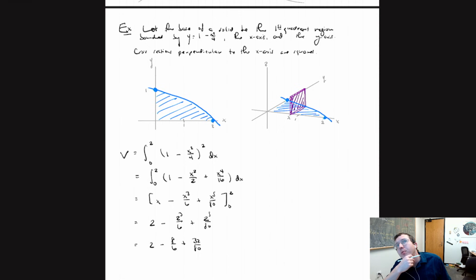Well, if it's perpendicular to x equals 8, that's the same thing as being perpendicular to the y-axis. Or sorry, it's perpendicular to the x-axis. Yeah, there are a lot of little details with these problems.